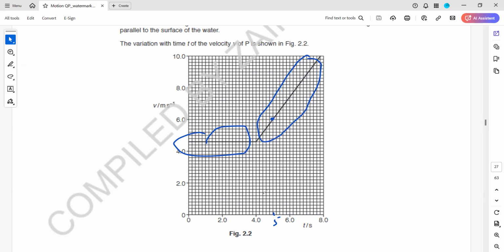For example, the first point on the x-axis will be x1, the second point on the x-axis will be x2, the first point on the y-axis will be y1, and the second point on the y-axis will be y2. We work out the gradient of this section of the graph, and that will give us the acceleration of this paraglider.